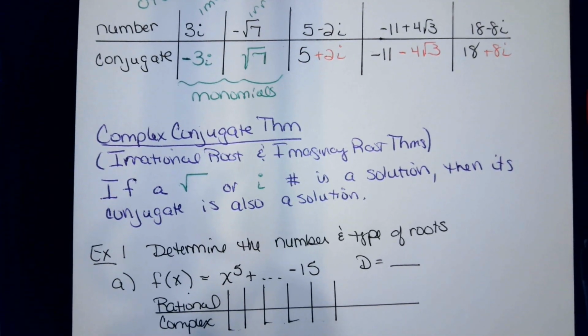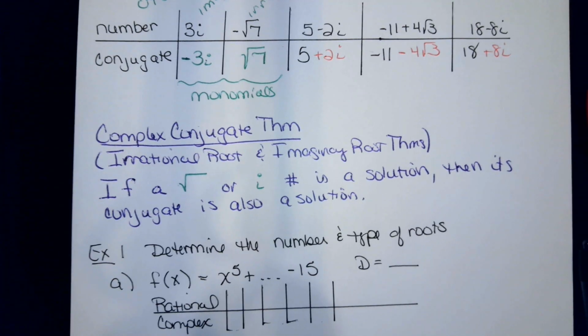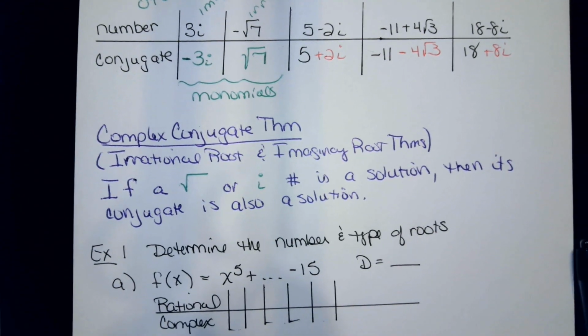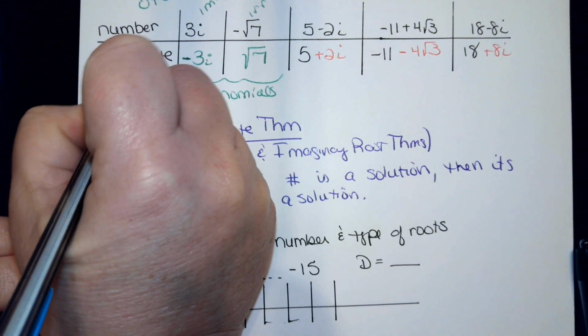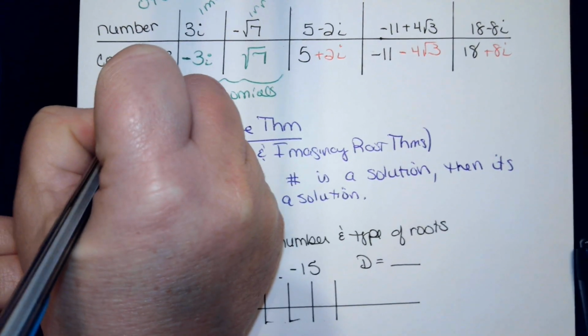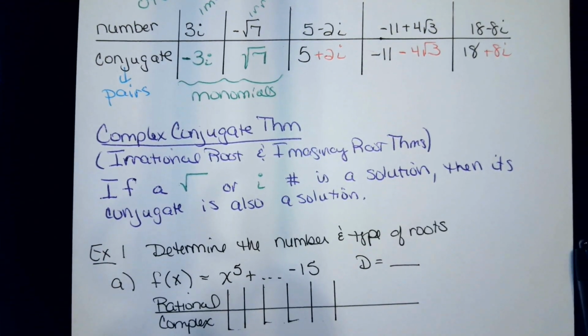No, you can't. They always travel in groups of two because you got the positive and the negative version. So they always travel in pairs. So if they're traveling in groups of two, that means you can never have an odd amount of complex numbers. It's always going to be an even amount.